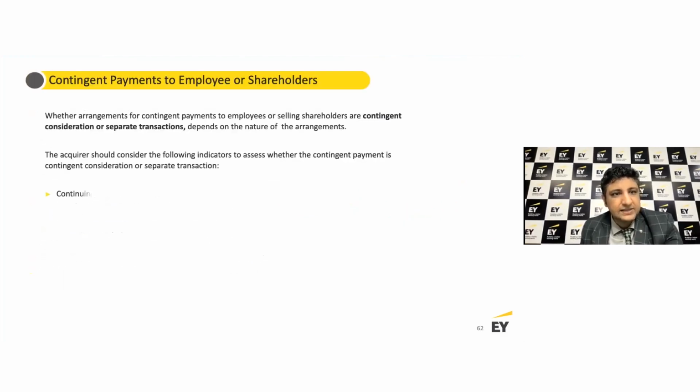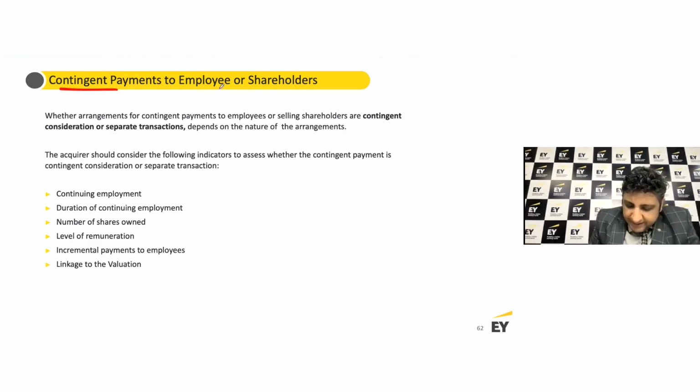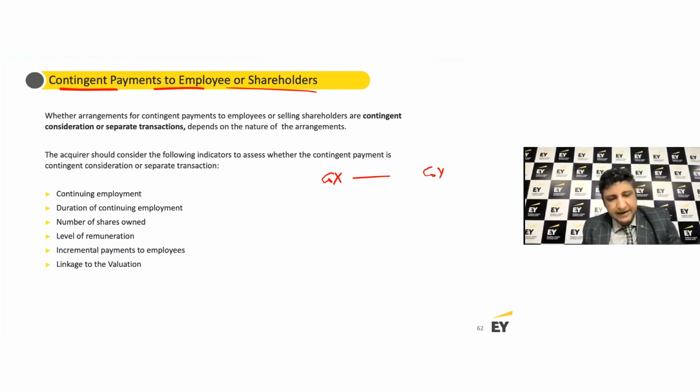Now this is the next section within contingent consideration, where we are looking at making payments to the employees or the shareholders, right? Put simply, let's say there's a company X which acquires the stake in company Y, making it a business combination, right? Now there are existing employees, right?